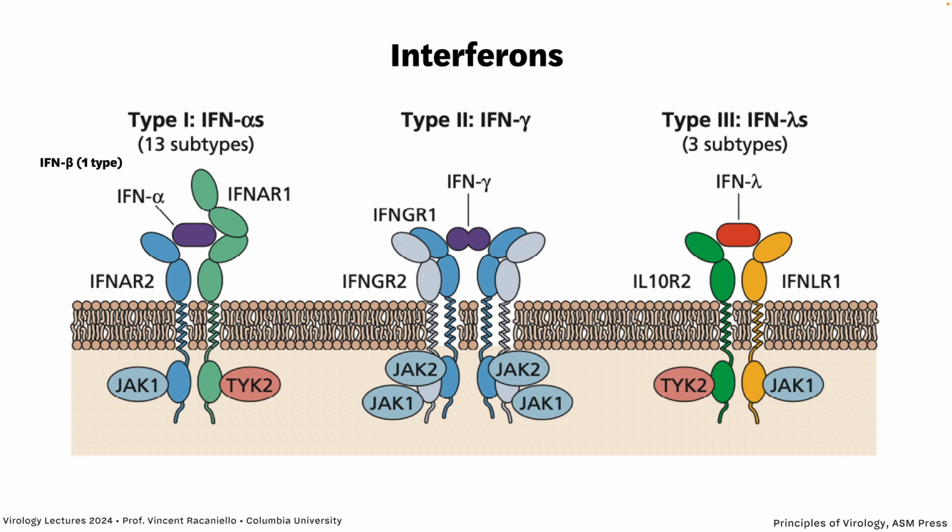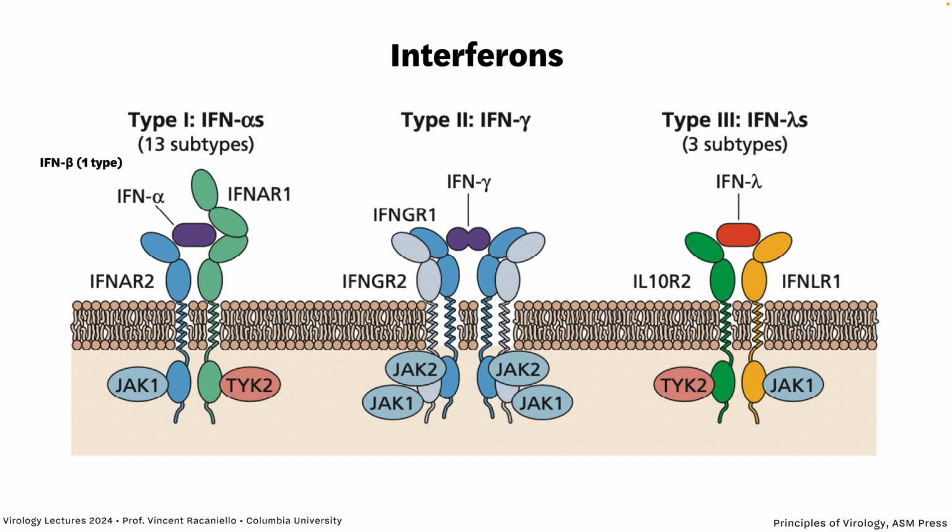Interferon alpha is the purple oval shown binding to its receptor, and interferon gamma is there, the two purple circles, and then interferon lambda, the red oval, and each of them binding to a distinct receptor. And when these interferons bind the receptor, they activate it, and so it can phosphorylate downstream proteins and start a cascade of gene expression, as we will see.